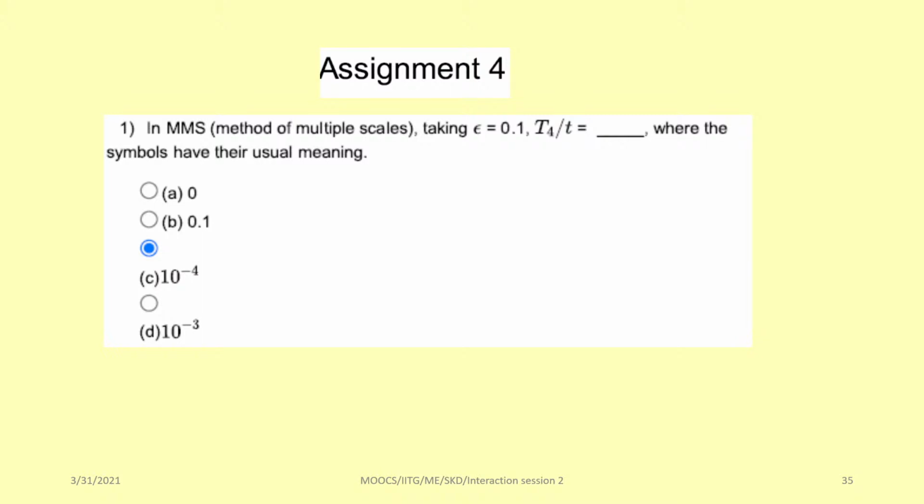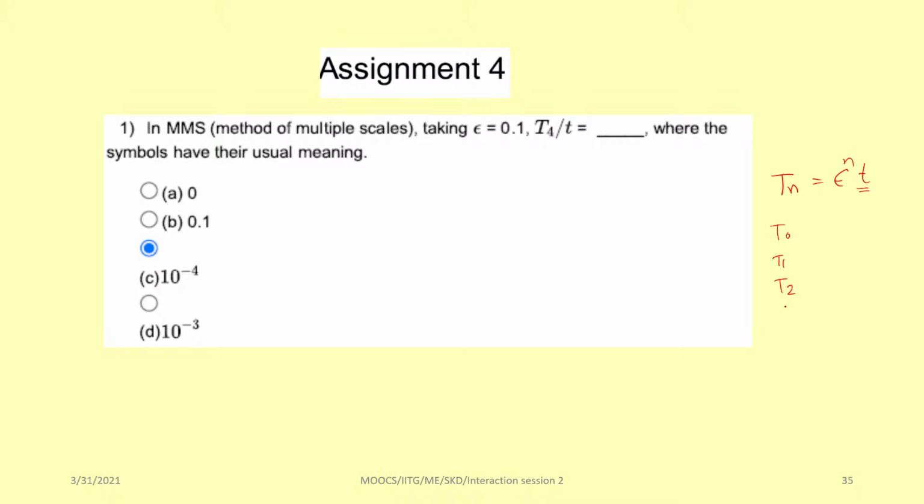Though I have not taught you, I told you to read these advanced things. Let us now discuss this assignment. The first question: in the method of multiple scales, taking epsilon equal to 0.1, what is T4 by T? You know Tn equals epsilon to the power n times T, where T is the time, and we take different time scales T0, T1, T2, T3.